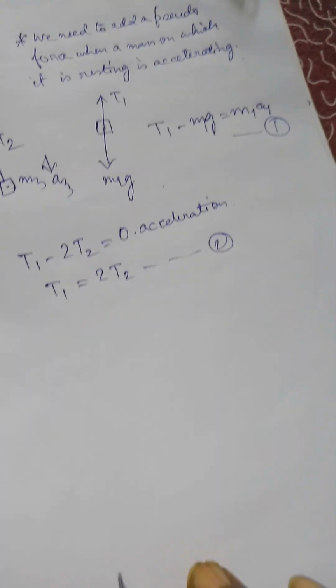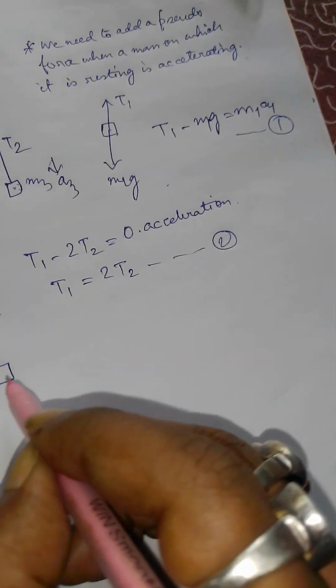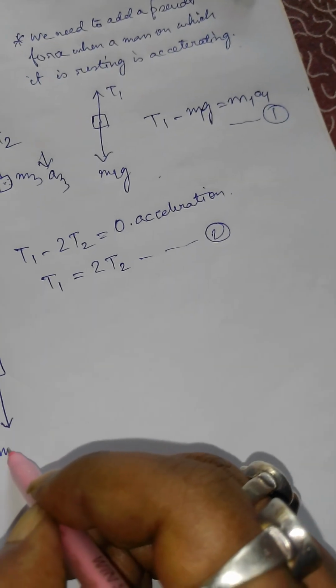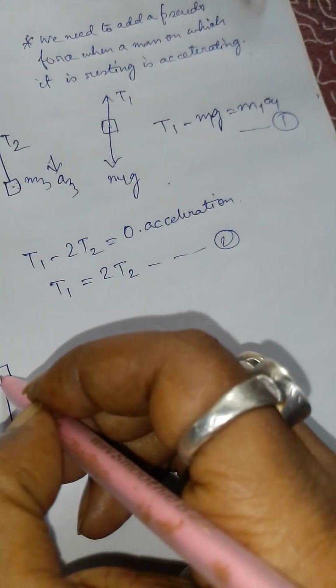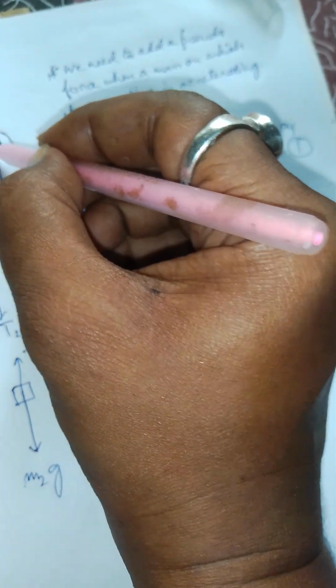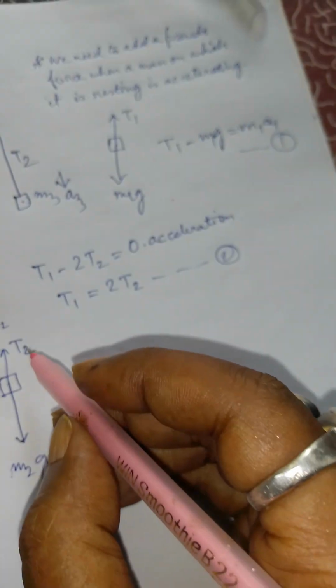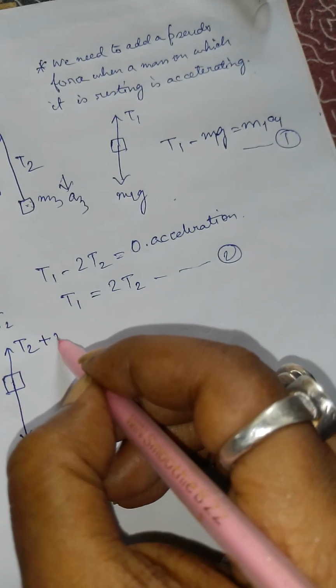Okay, now drawing the free body diagram of M2. Now here is M2g, here is T2, and see this pulley is going downward, so pseudo force is upward.